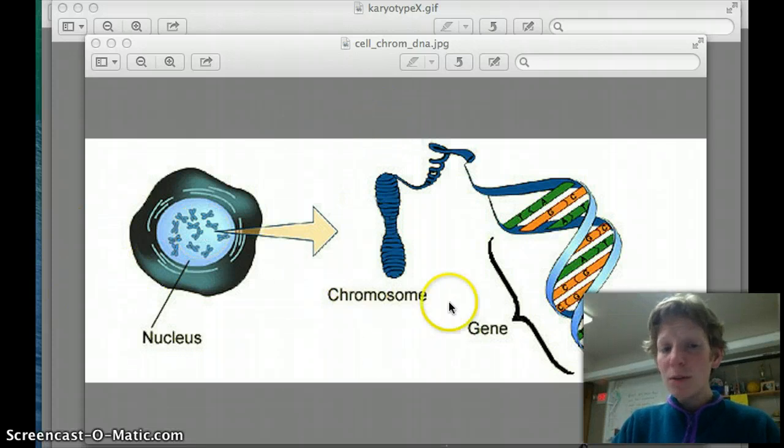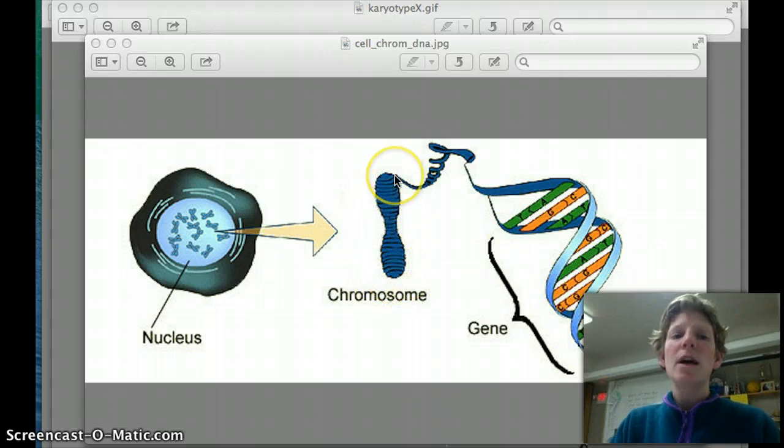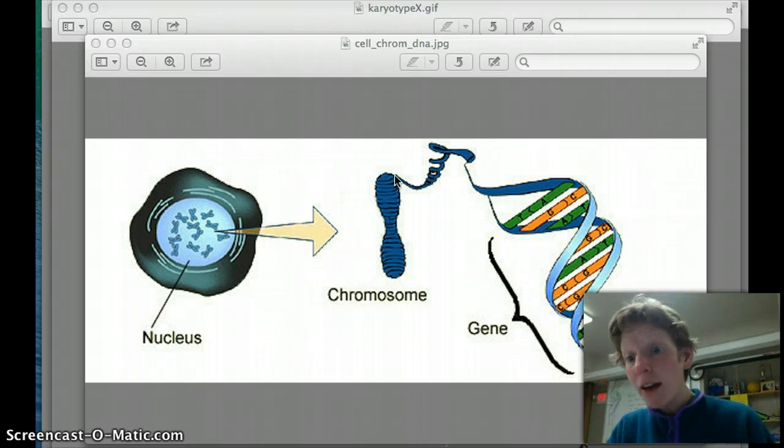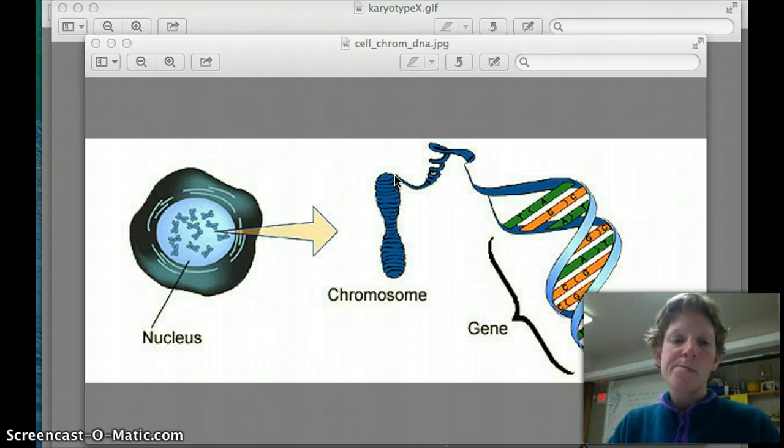So all a chromosome is, is a very tightly coiled piece of DNA. It's a lot of DNA, all coiled up together. Okay, so that's a chromosome.